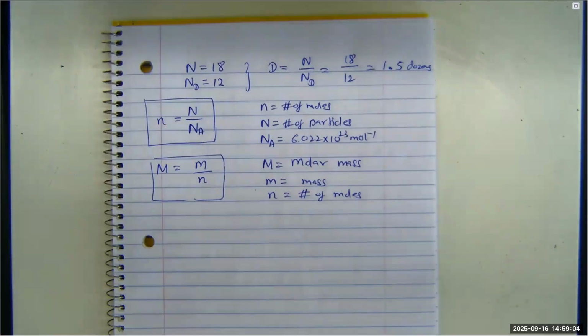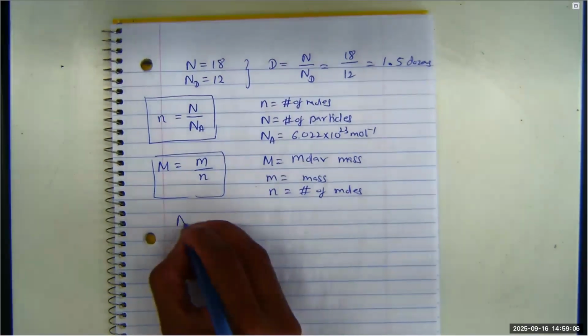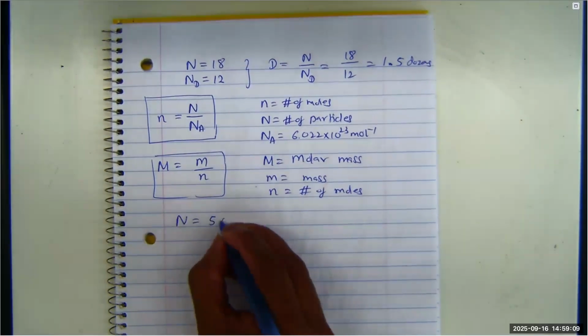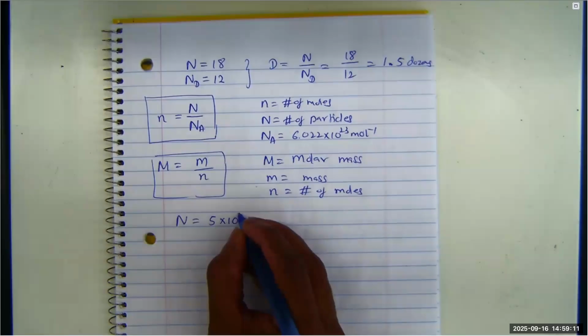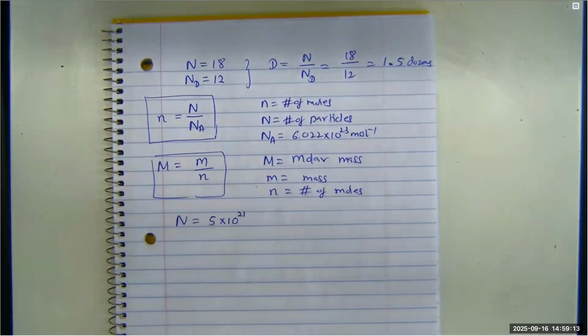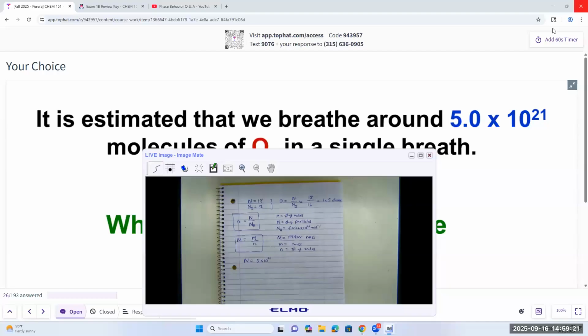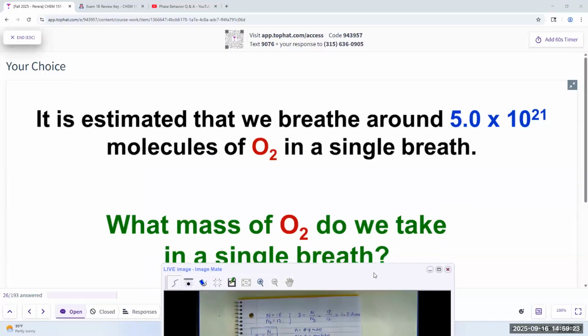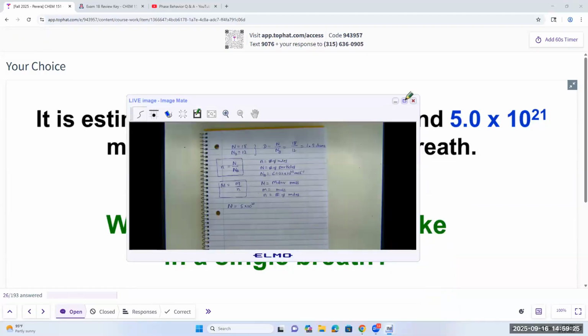Now, when you're given a problem, like in this case, you are given the number of particles. I think it was 5 times 10 to the power of 21. That was what was given to you. And then they are asking for the mass of oxygen.